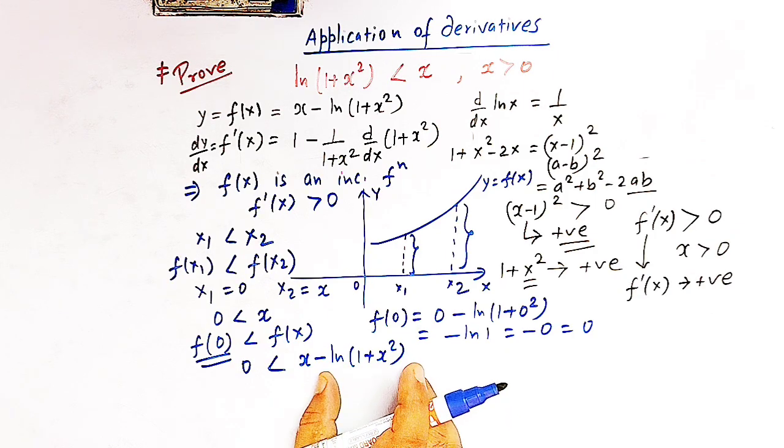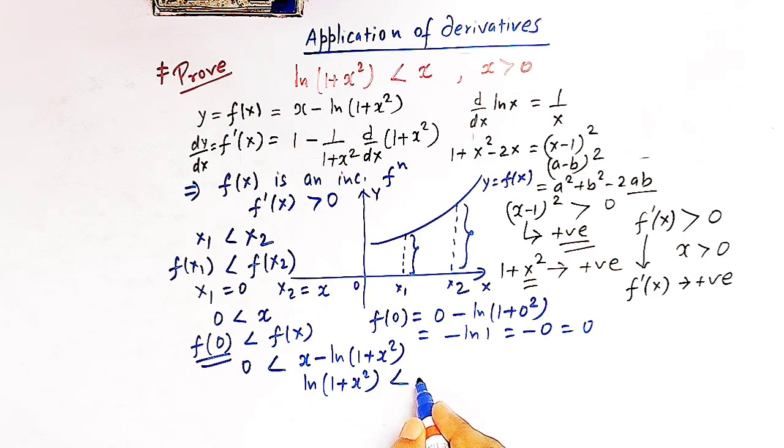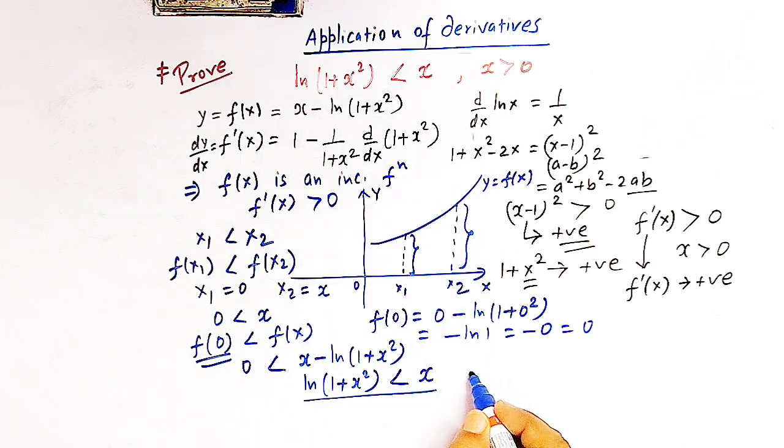Now taking negative log of 1 plus x square to the left hand side, we have log of 1 plus x square is less than x, and this is our required inequality for x greater than 0.